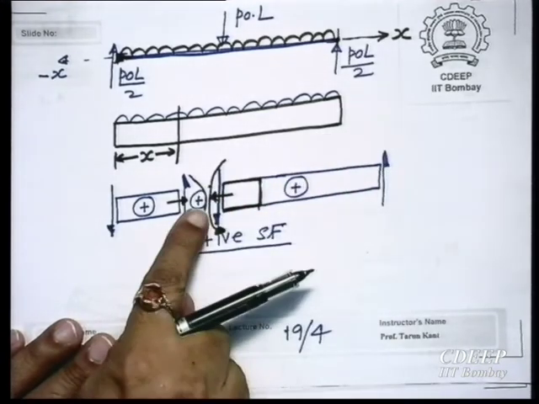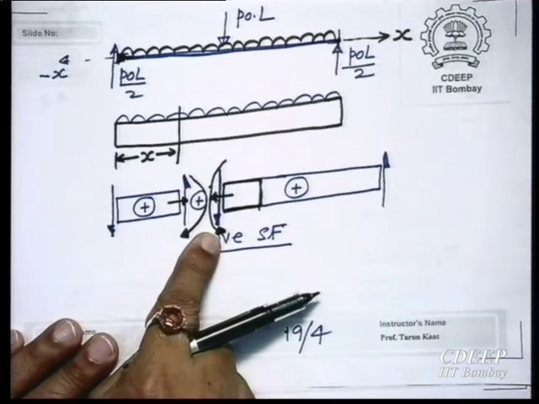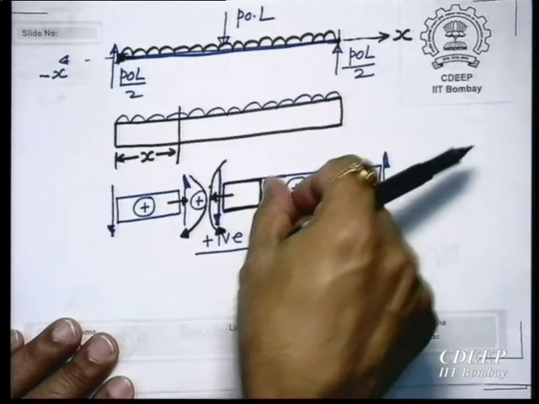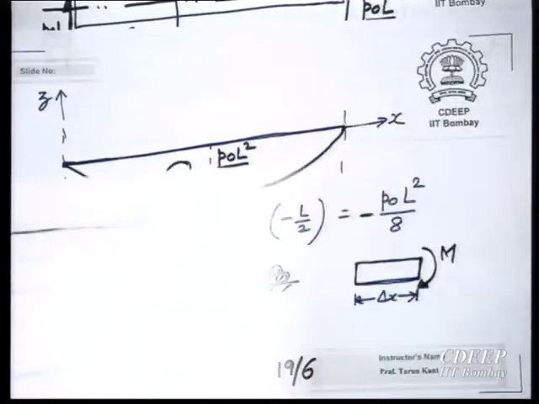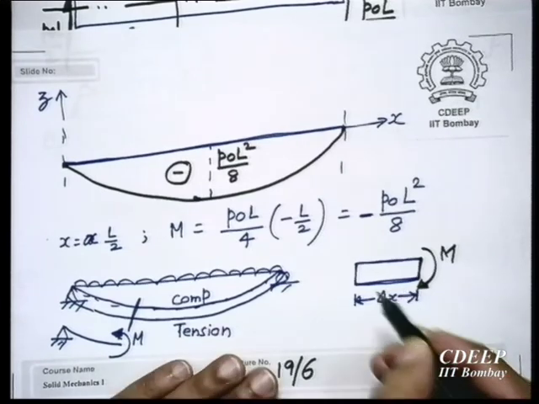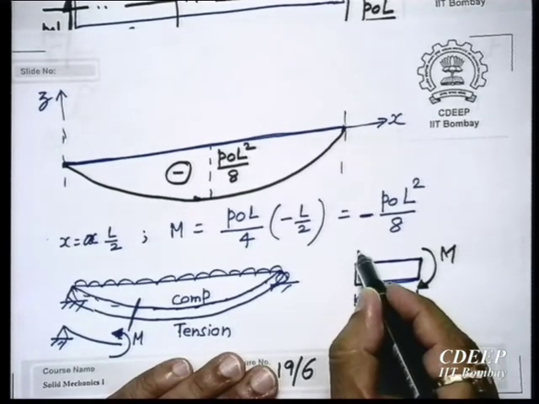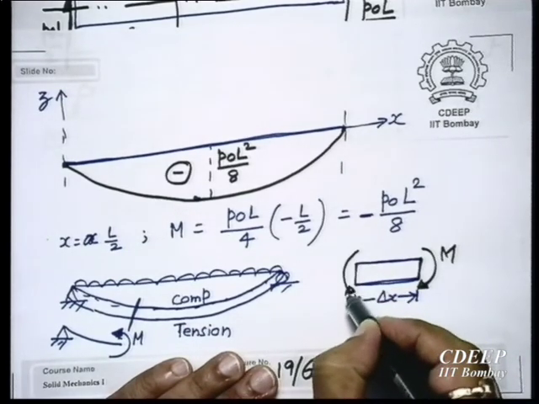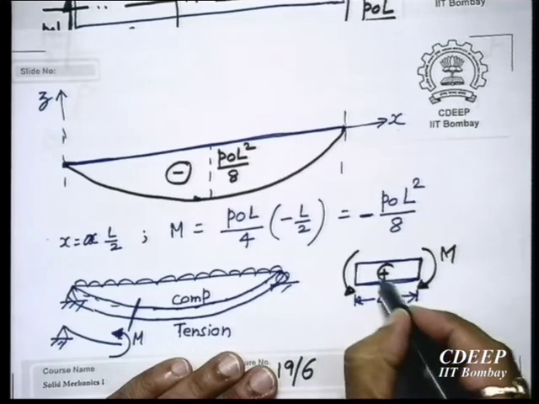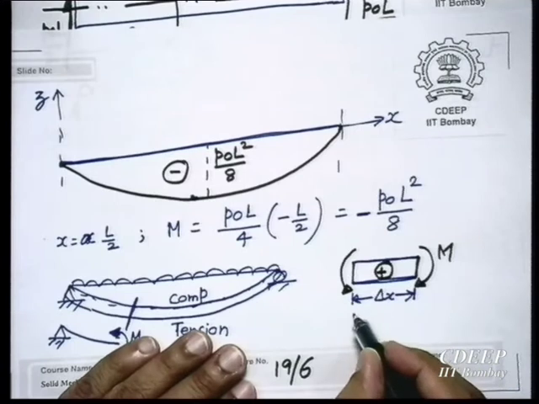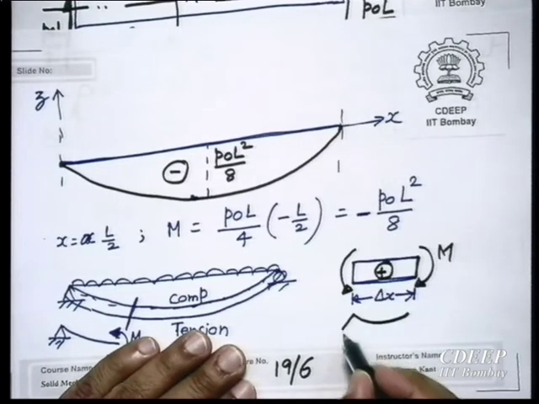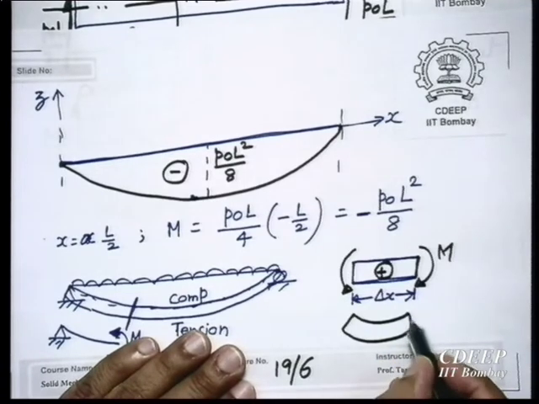I have already shown here positive. And this one will be similar to this. So what is bending moment positive over here on a negative phase? So this is positive. This bends the beam like this.